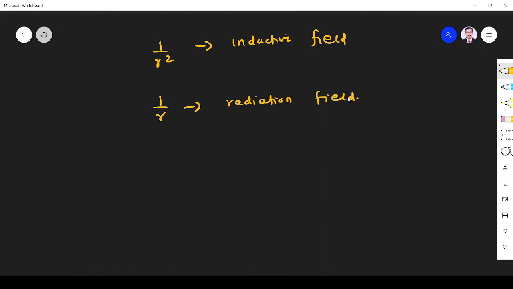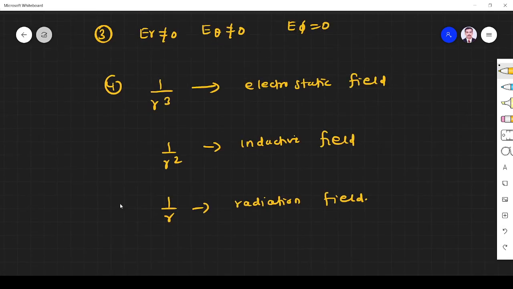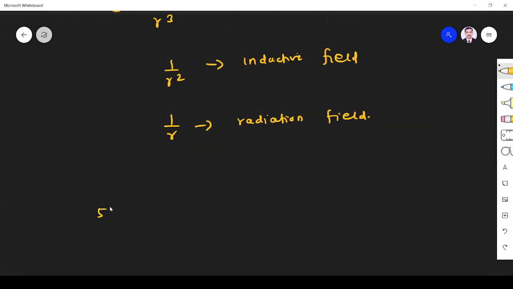So these are all the things we must know about the Hertzian dipole antenna.